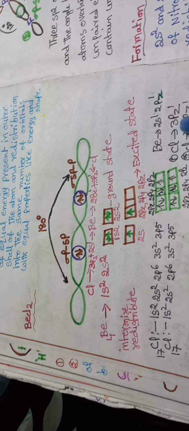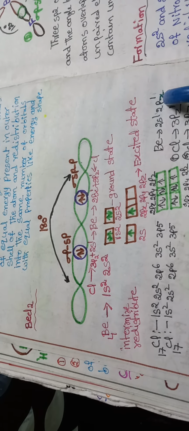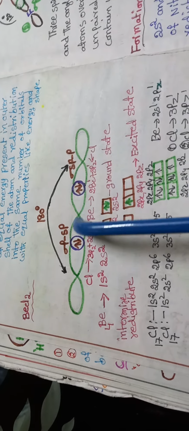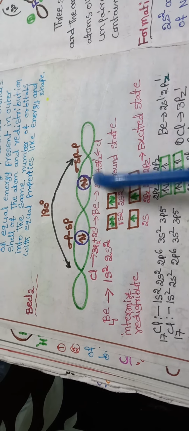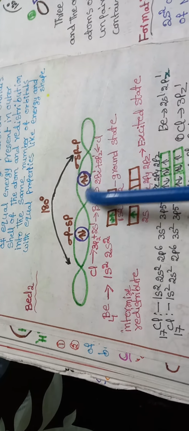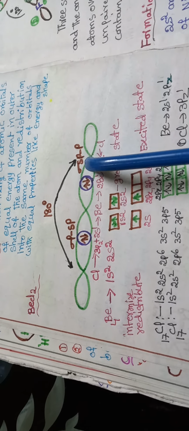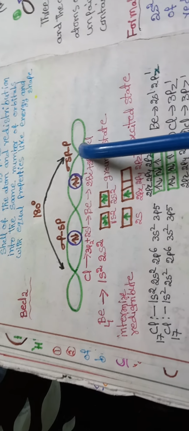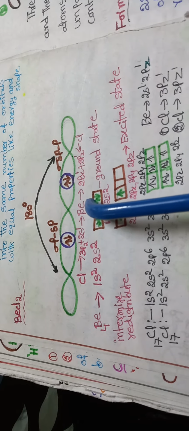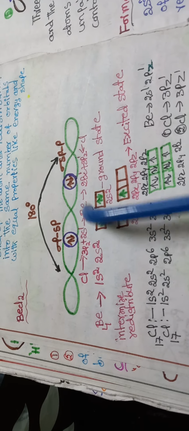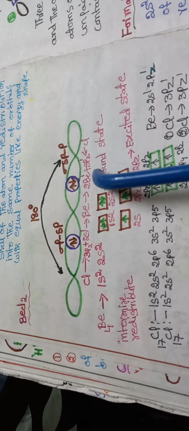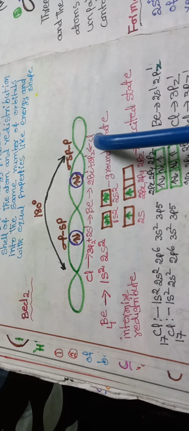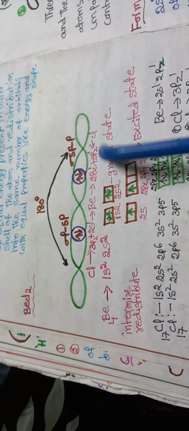Sp means beryllium's 2s1 2pz1, and p means chlorine's orbitals. So between beryllium and chlorine, the orbitals overlap each other, then the sigma bond is formed between the sp and p orbitals. Here we can see beryllium is the central atom, and the bonds are formed between beryllium and chlorine.